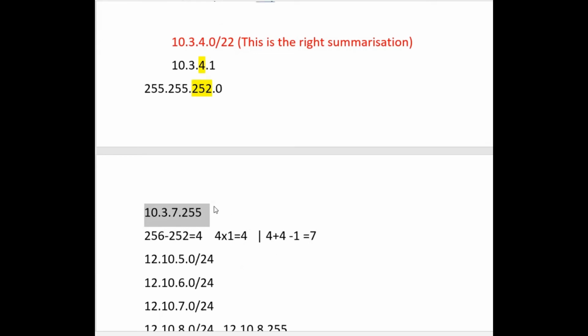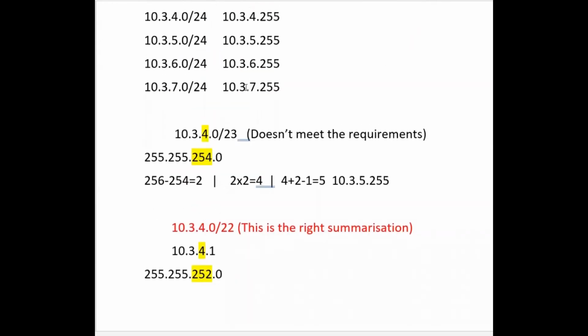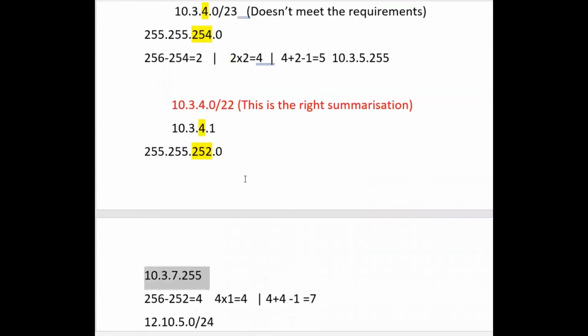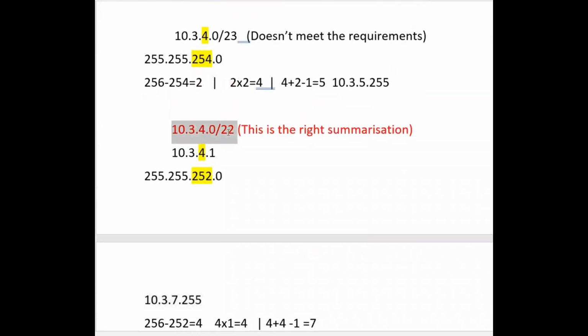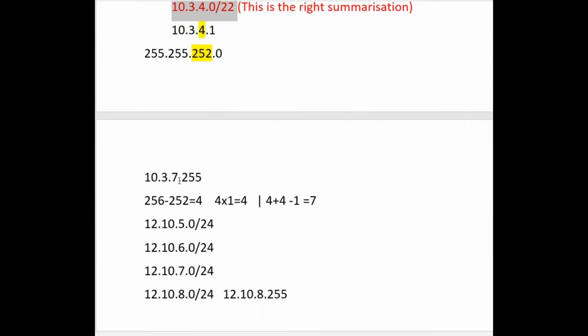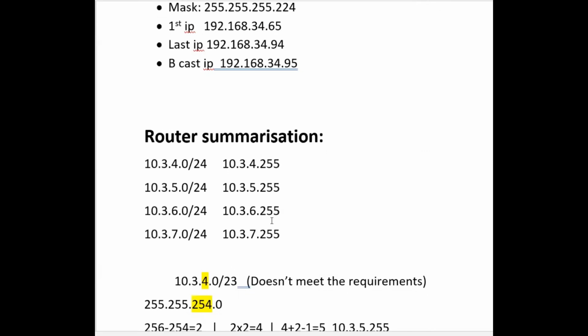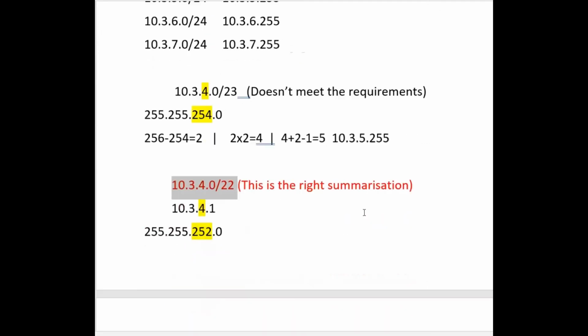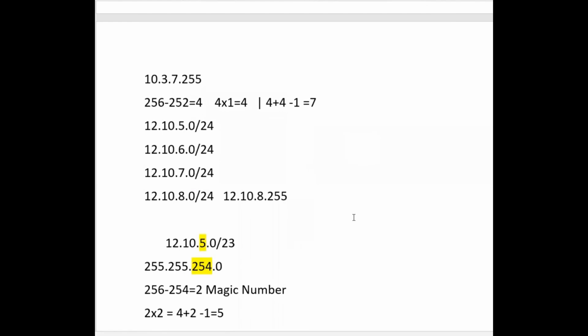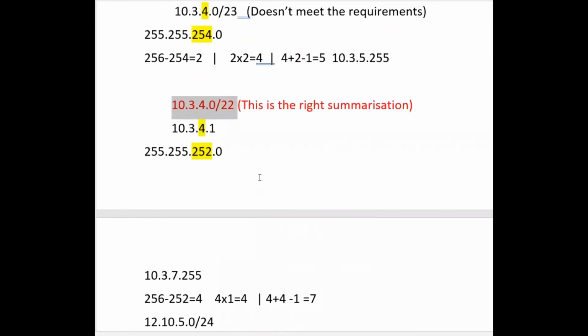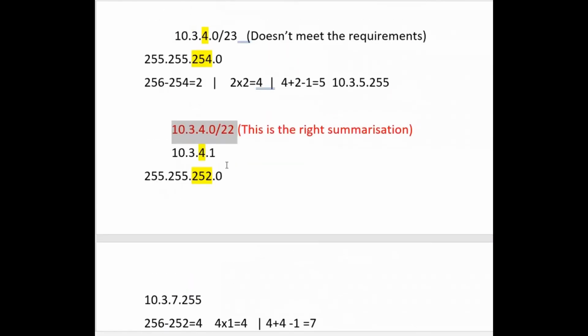So we can see this is the right summarization, and this address covers 10.3.4.0 to 10.3.7.255. That means it covers the entire range. This is the proper route summarization.